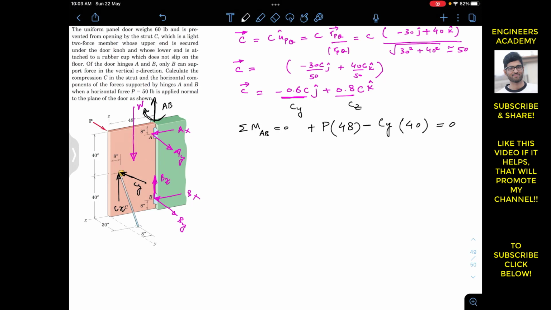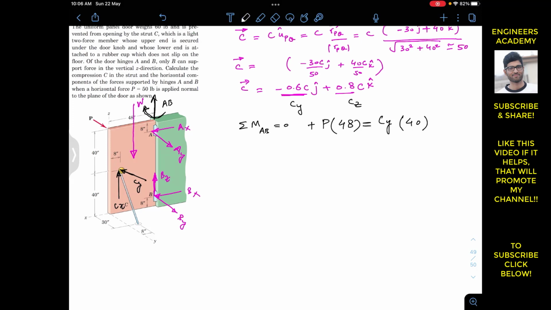As you can see, we are applying F into D, force times the perpendicular distance. I should remind you that I am solving this problem by the scalar method, where the moment is equal to F into D. From this equation, CY equals P into 48 divided by 40, and the problem statement says P is equal to 50.